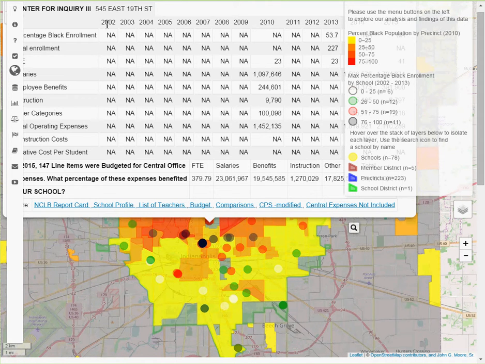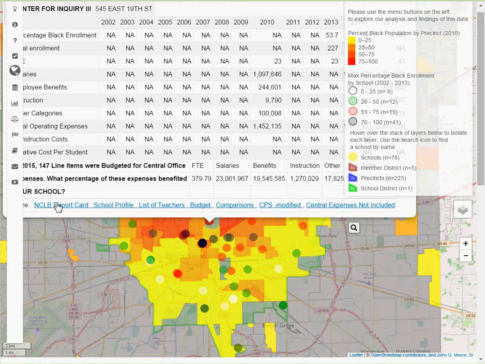And here you see from 2002 to 2013, and there's a lot of NAs in here because of the way the data was set out and the way it got combined. But generally speaking, this was from budget data, and in 2010 we had the salaries, the benefits, and so on.